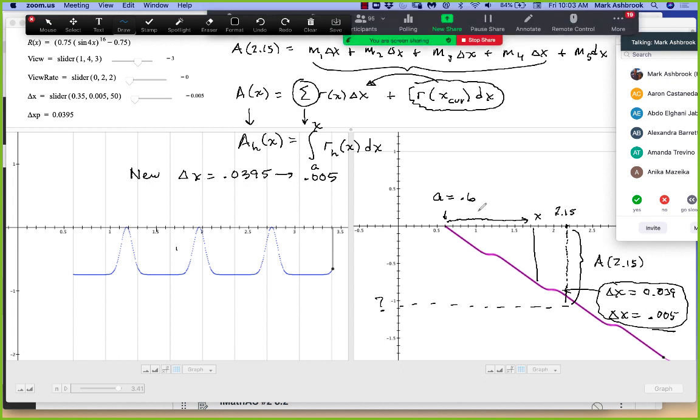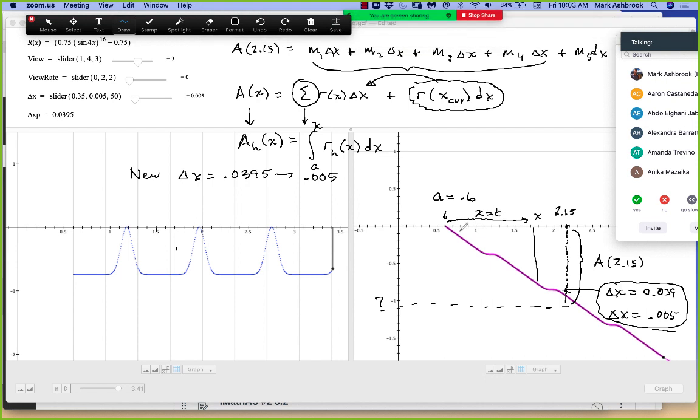So we're going to select a new symbol that means all the x values from A up to the current value of x. So we need a new symbol there. That is still an x value, but we can't use x because x means where we're accumulating to.